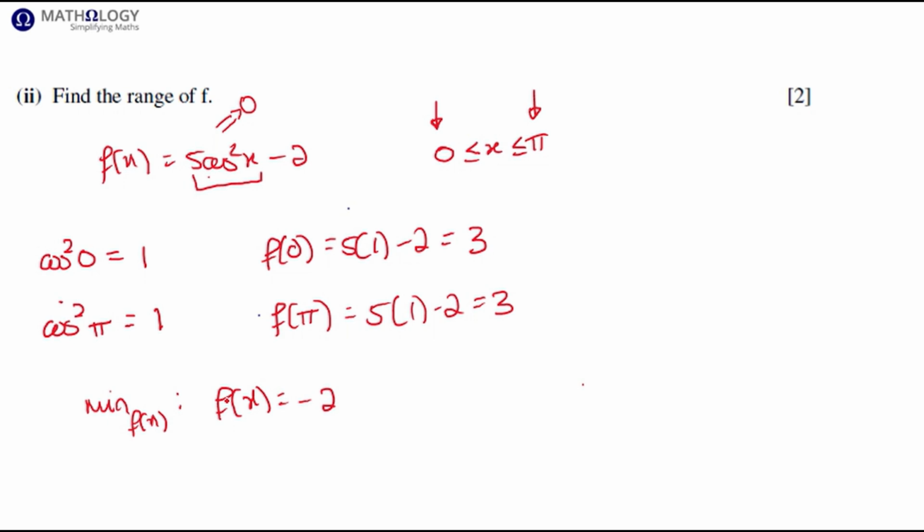This minimum value of f of x occurs when x equals pi by 2 or 3 pi by 2, since cos pi by 2 equals 0, which means cos squared pi by 2 will be 0, and therefore you get the minimum value of minus 2 when x is pi by 2 or 3 pi by 2. So the range is y is an element of minus 2 to 3, or you can express this as an inequality: f of x is less than or equal to 3, greater than or equal to minus 2.